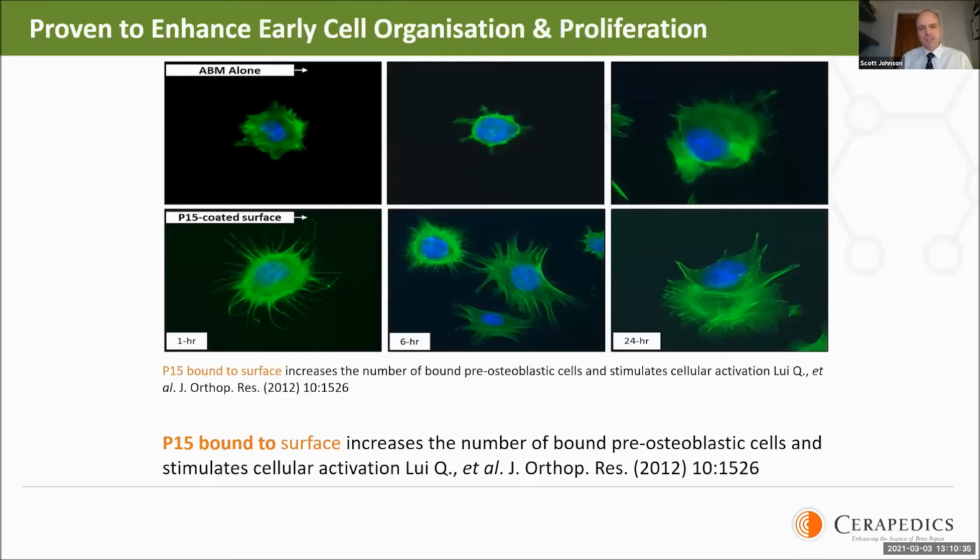In addition to that, P15 has also been shown to positively influence the early cellular development with a rapid development of cytoplasmic extensions and the extensive active actin filament structure as well. And these are important development processes and changes within the cell, which influence early cell-to-cell interactions and also cell migration.